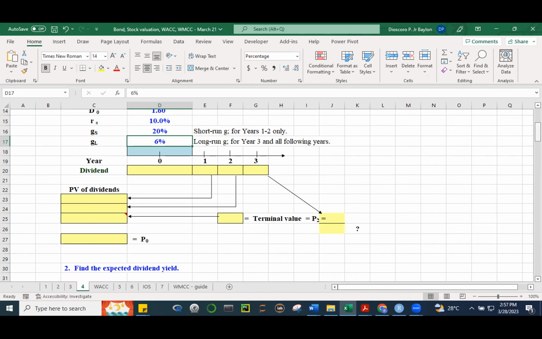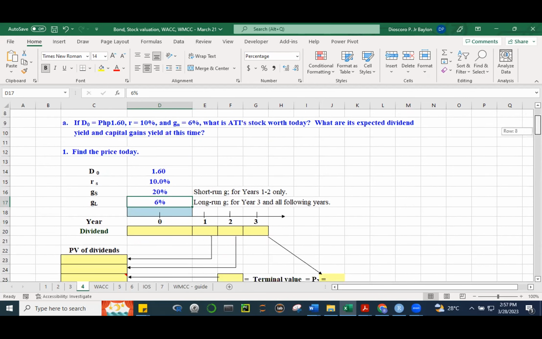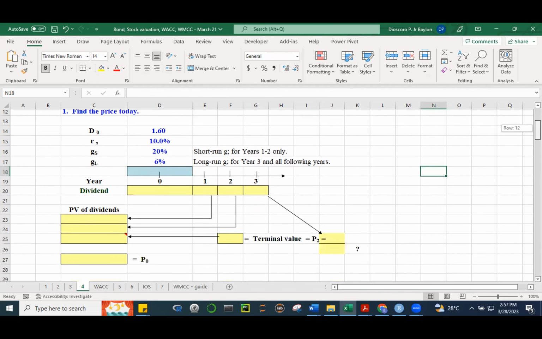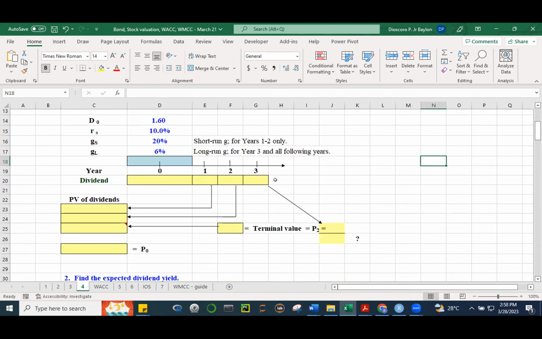All right, so I'll give you a few minutes. Just try it, okay? Because the concept of this, class, you already know. The concept of this is the present value. How do you get the present value? Given that from year number 3 up to forever, let's assume it's forever, the growth rate will be at 6%.